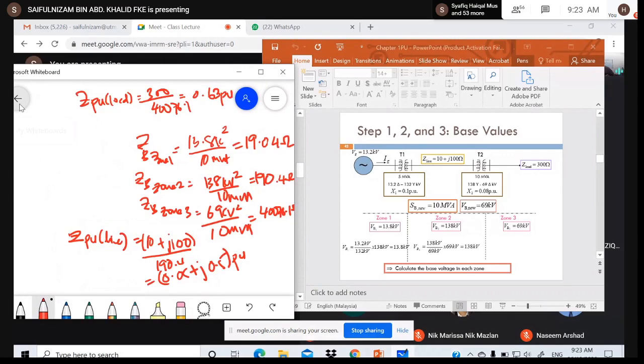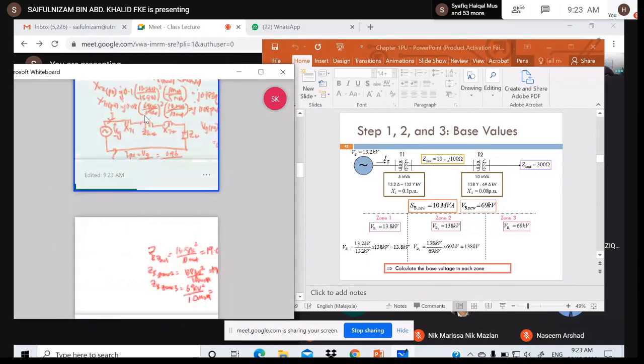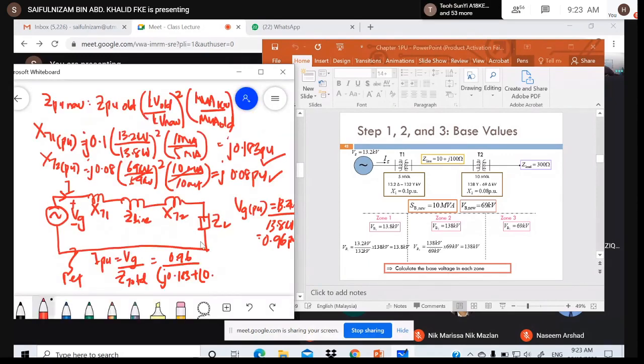Please check. 0.05 plus J 0.5, and then plus what is the XT2? J 0.08, right? Yes.